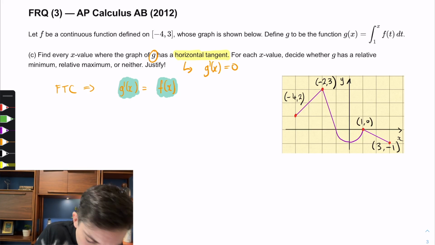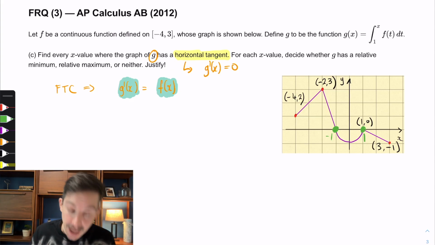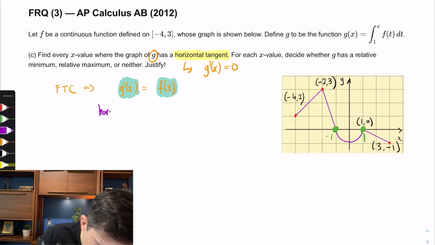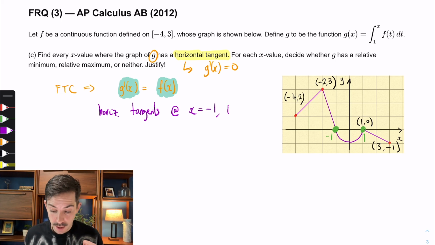That happens at 2 separate places. It happens right here at x equals negative 1 and at x equals positive 1. So there are horizontal tangents at x equals negative 1 and x equals 1. Okay, first half is done.